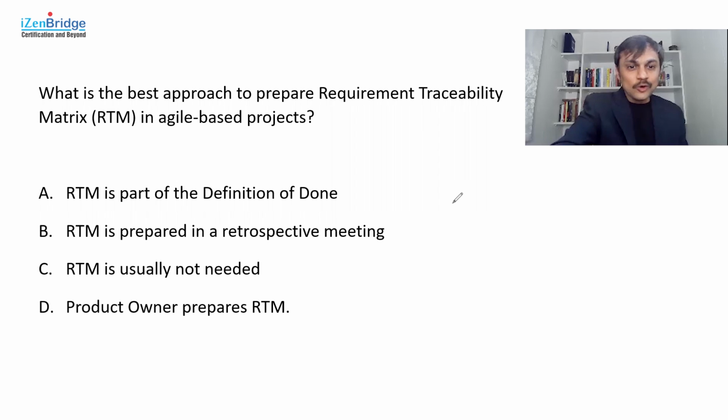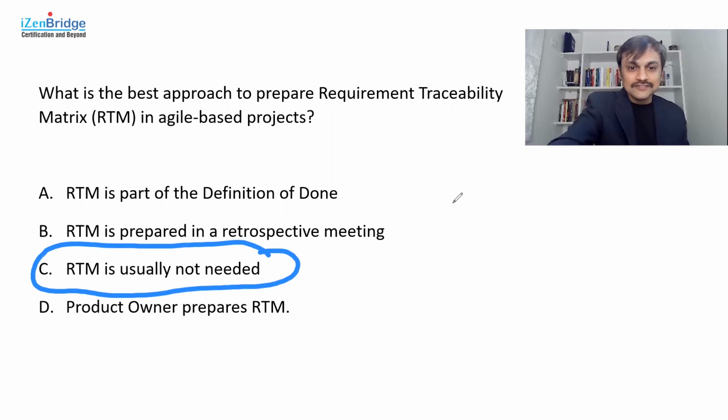Okay, this time I go directly with my answer first, and then only I talk about something else. The idea of a requirement traceability matrix is primarily to ensure that we have tracking of all the requirements which are given to us at an end-to-end level.